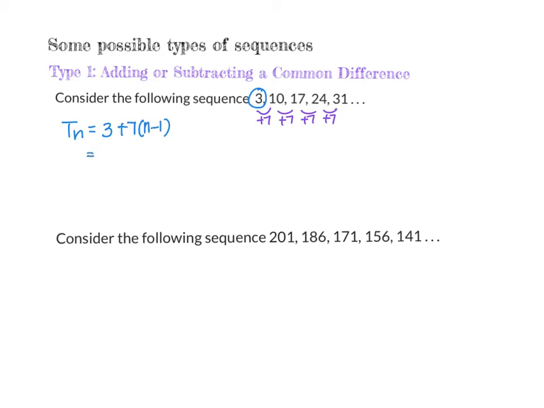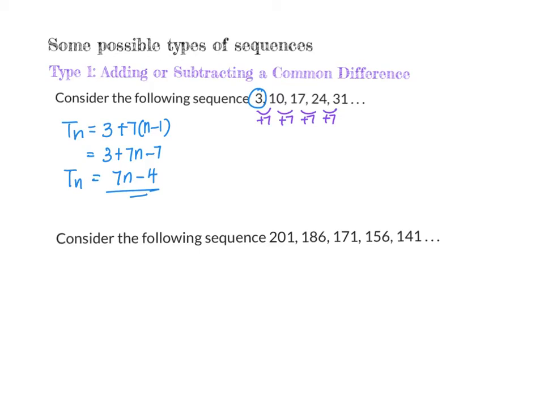And we get the answer after expansion to be 3 plus 7n minus 7. And that will be 7n minus 4. This was given to be the answer in the first method.